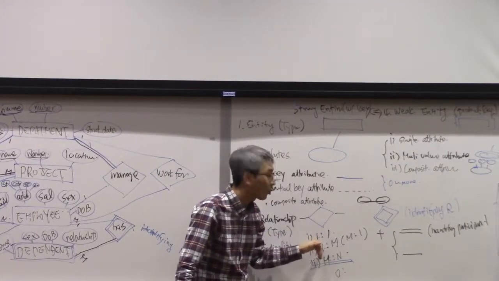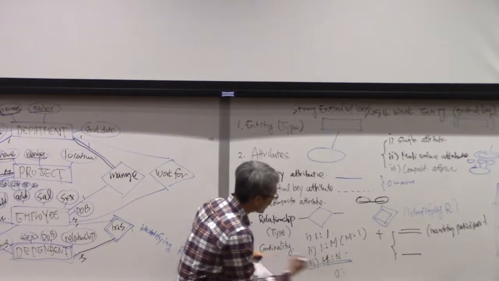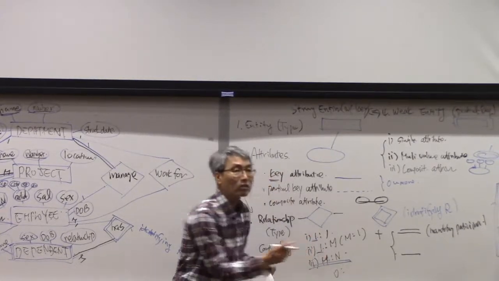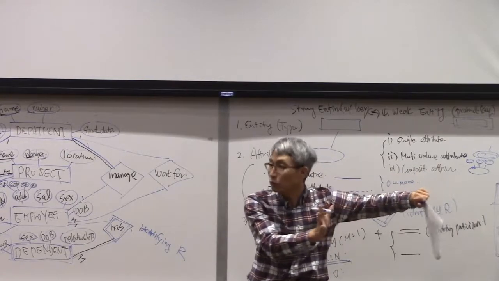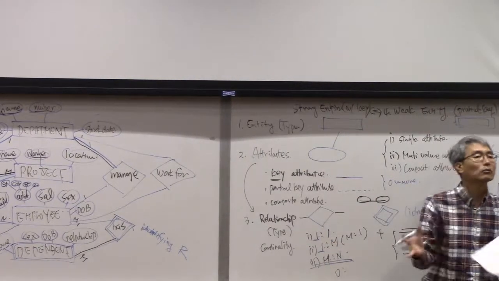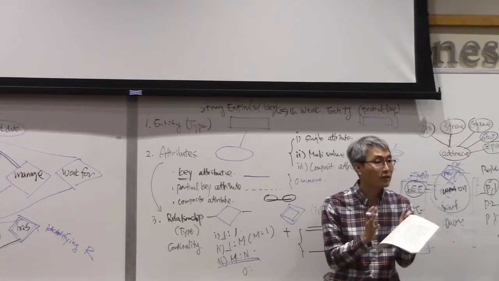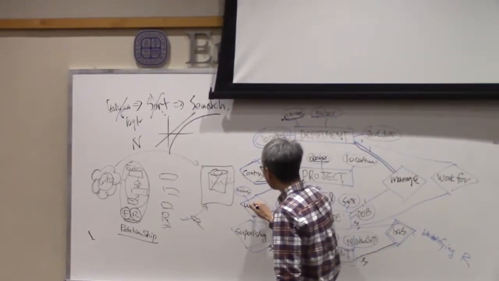So only many-to-many. Actually, one-to-one, one-to-many may have the attribute, but we have one side, so we can put all attributes to one side. But many-to-many, we cannot move such an attribute, number of hours. So we can keep the number of hours attribute on works on.